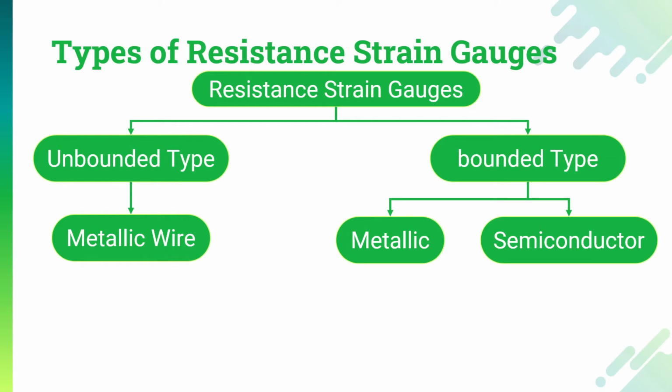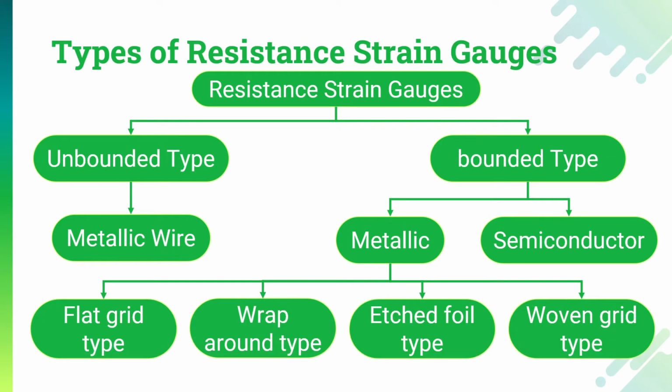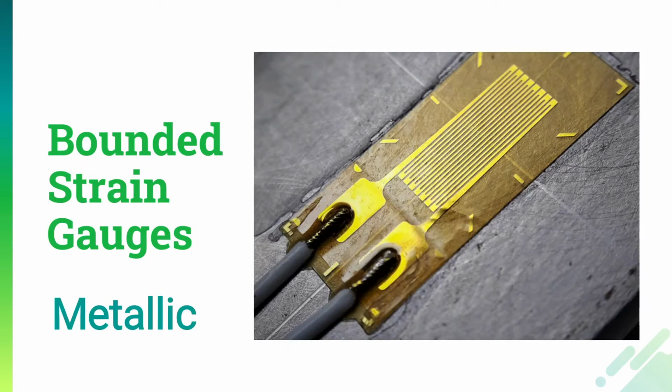If we continue further, in the metallic strain gauges there will be a total of 4 varieties. The first is the flat grid type, second is the wraparound type, third is the etched foil type, and fourth is the woven type. So let us start with the bonded type strain gauges. In the bonded type, we are going to concentrate on the metallic strain gauges first, then we will go towards the semiconductor strain gauges.